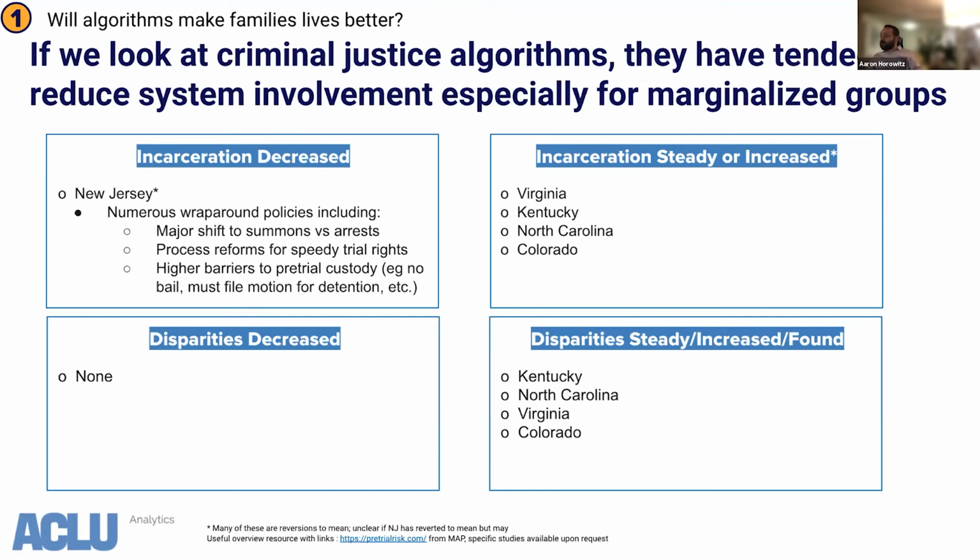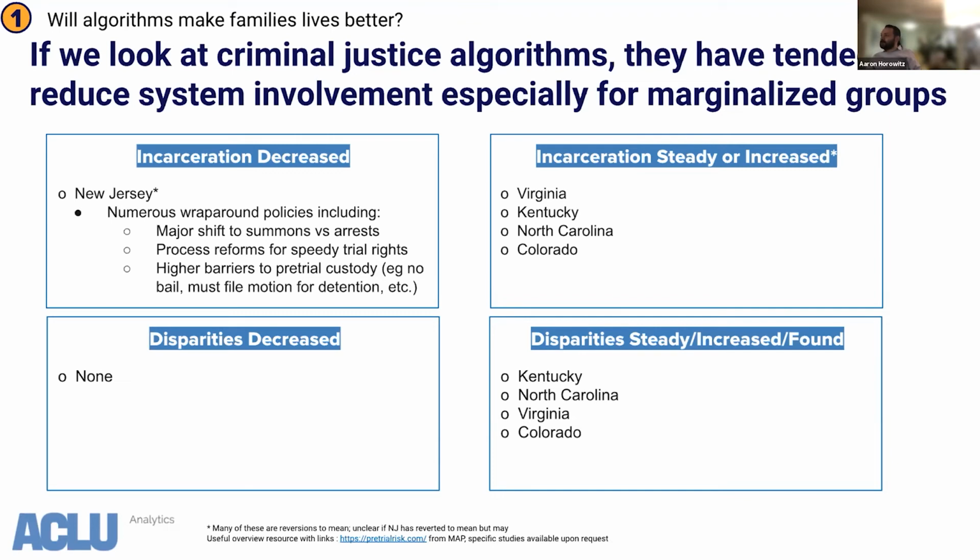I think looking at New Jersey is instructive. There wasn't just a change in building and requiring the use of an algorithm. There was also significant policy change that really mattered for what happened there. In New Jersey, police officers were shifted dramatically to using summons, so basically requests to attend court, versus arrests.